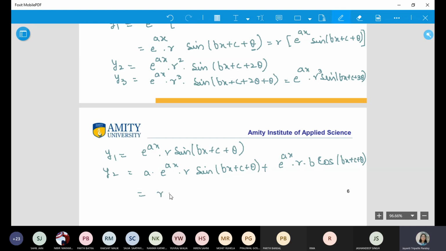Now take out r and e to the power ax. There was one more r we had. So you are getting a sine. Just be careful what I'm writing.